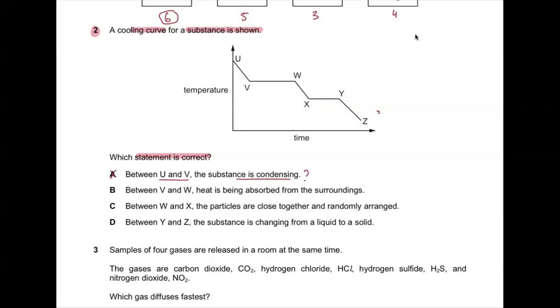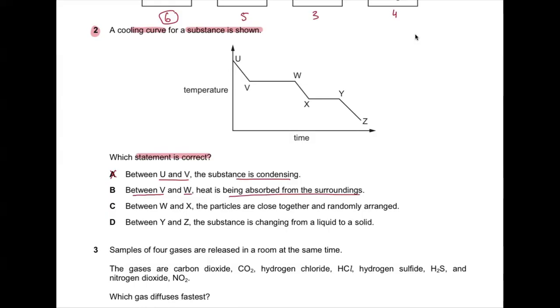Now, statement B, between V and W. Heat is being absorbed from the surroundings. So this can be condensing.